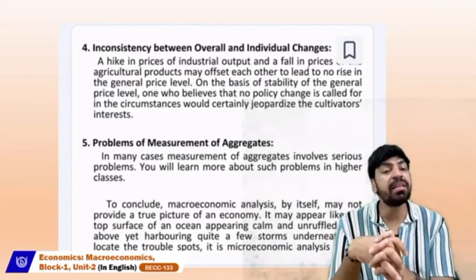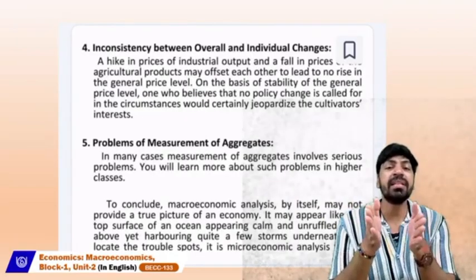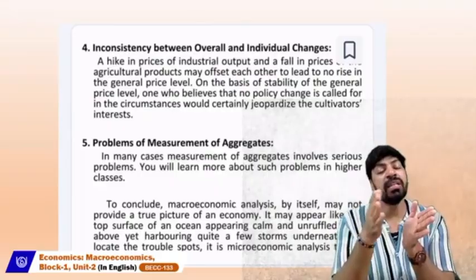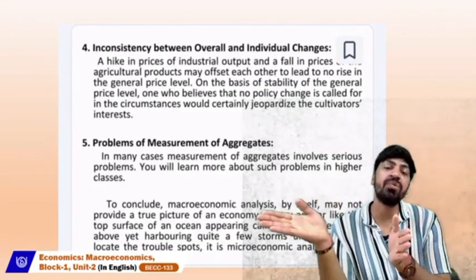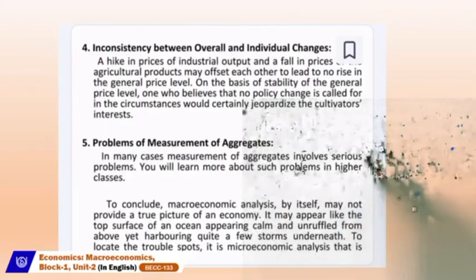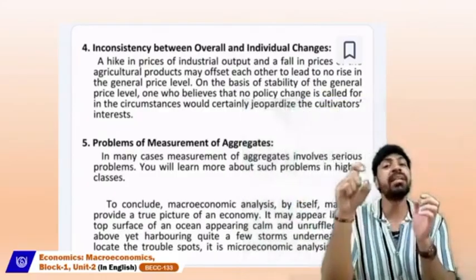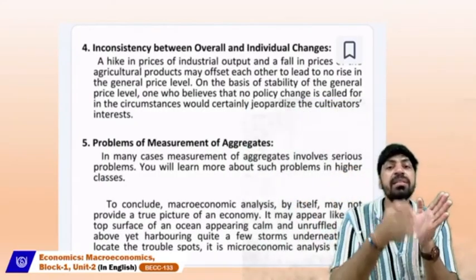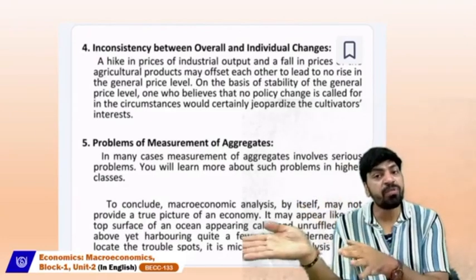So there is an inconsistency between changes at the macro level and changes at the individual level. It doesn't mean there would be any consistency between decisions related to the general price level or any individual price level.